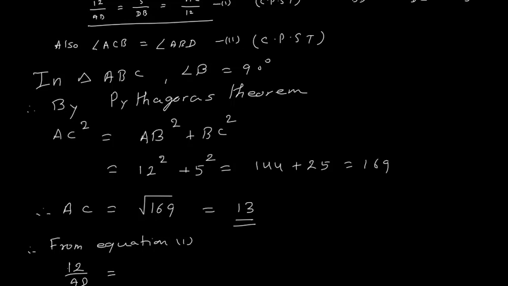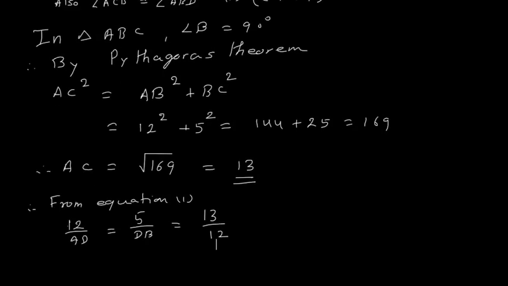is equal to 5 upon DB is equal to, now value of AC we know, this is 13 upon 12. So now I can find all the known values.